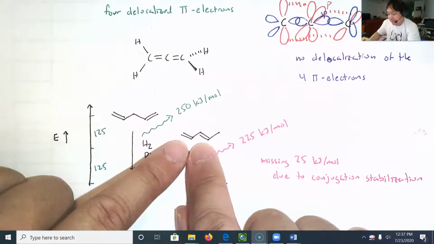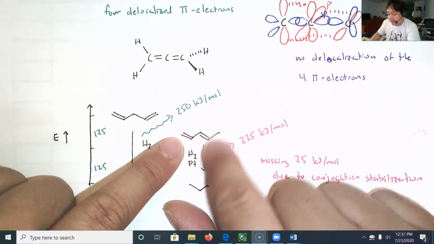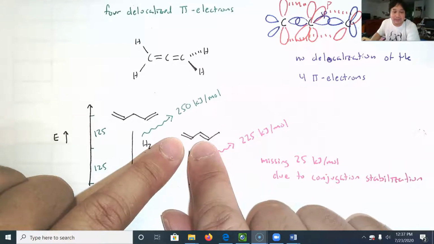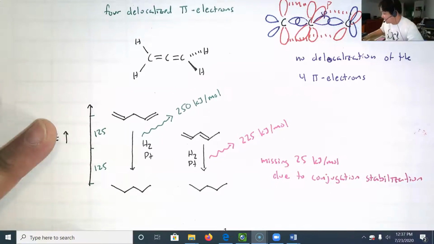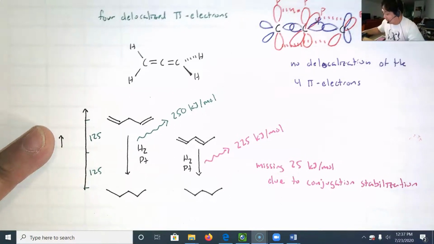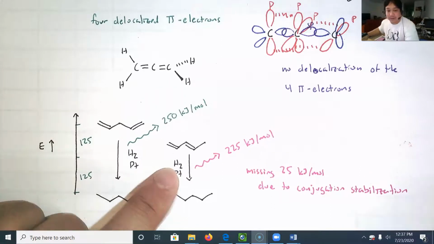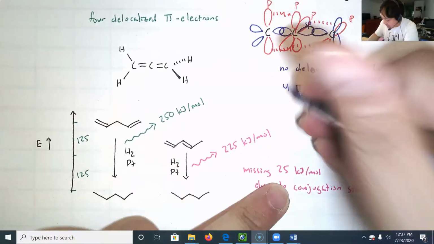Whereas these are conjugated, it has more stability, so it's actually a little bit less reactive. There are other consequences of this, which we'll get to in the next video when we talk more about reactions. Let me just give you a kind of a preview. Something unique about a conjugated diene.